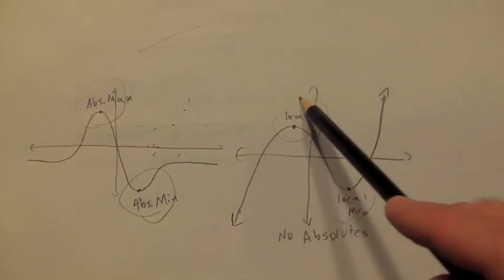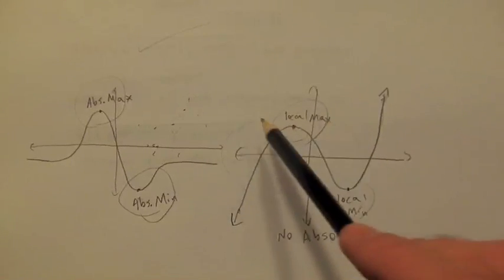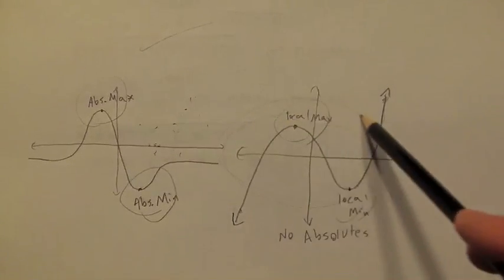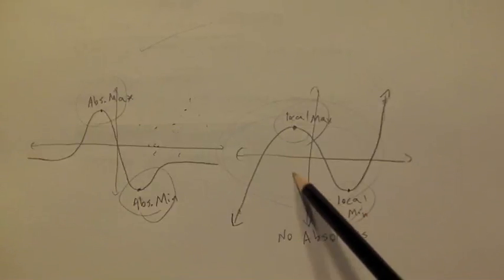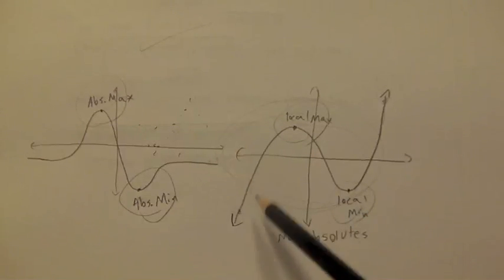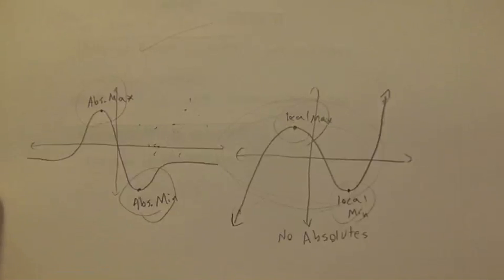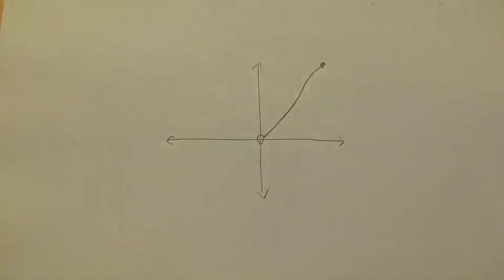And it'll be the highest point, say here, in this circle I've just drawn. And for a lot of the graph, it's actually the highest point. And then same here, this is the local min, because it's the lowest point for a while until you get over to this side.